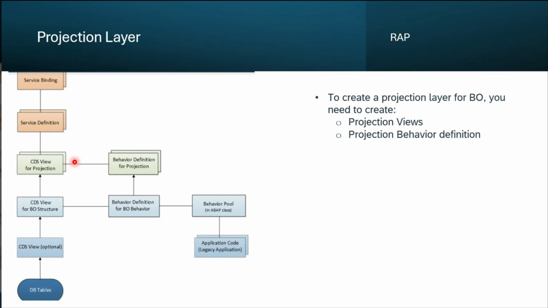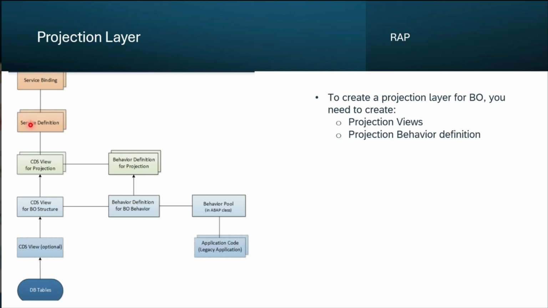And you have the projection view, and for that projection view you will be creating the behavior definition, which is the behavior projection, and you will be creating one metadata extension for writing all the UI annotations, or the annotation specific things we will be writing in the metadata extension.